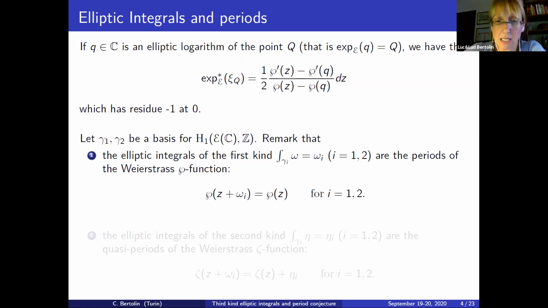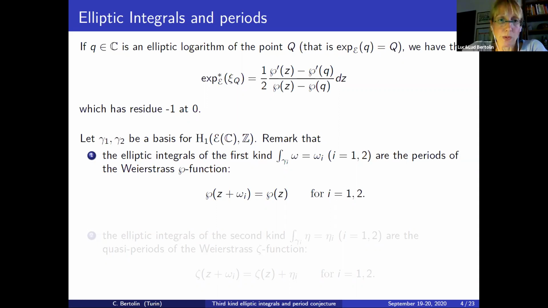This means that ℘(z plus ω_i) is equal to ℘(z). The Weierstrass ℘ function is ω_i-periodic.